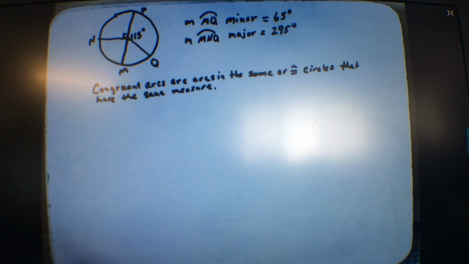Why do they have to be in the same or congruent circles in order to have the same measure? Can you have two circles, one really big and one really small, and they have the same degrees, but they're not the same, are they? No. Okay? A bigger circle, the arc will be bigger, even though it has the same degree measure. So it has to be in the same.